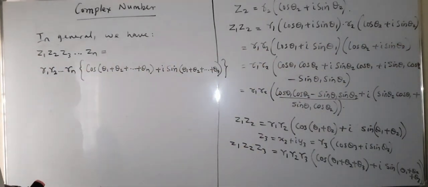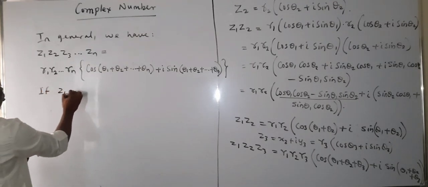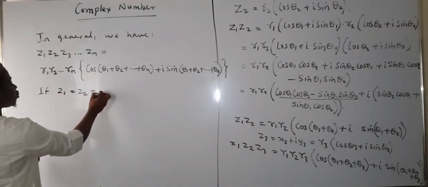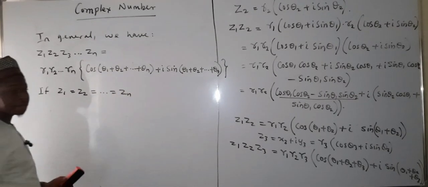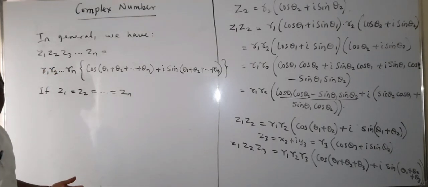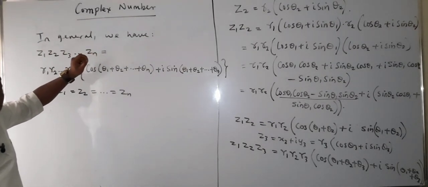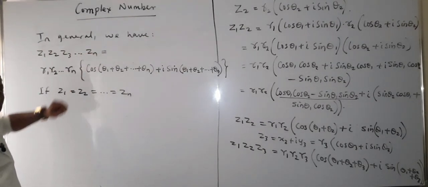Now, the question is this: if z1 is equal to z2 is equal to up to zn, it means all the complex numbers are equal. So how many z1 do we have here? n times.